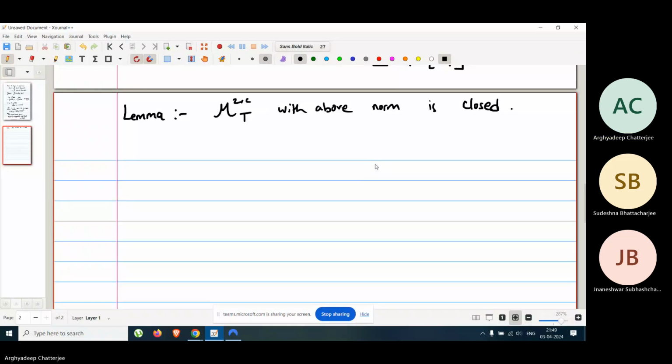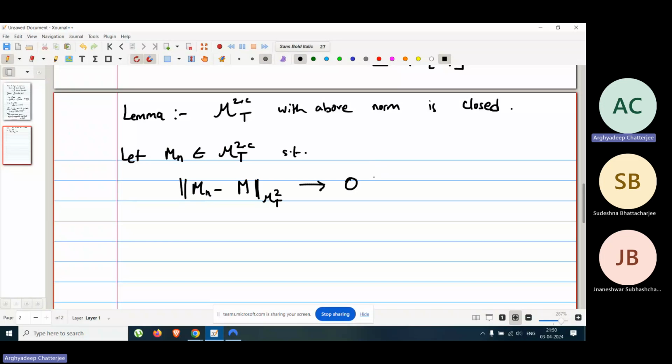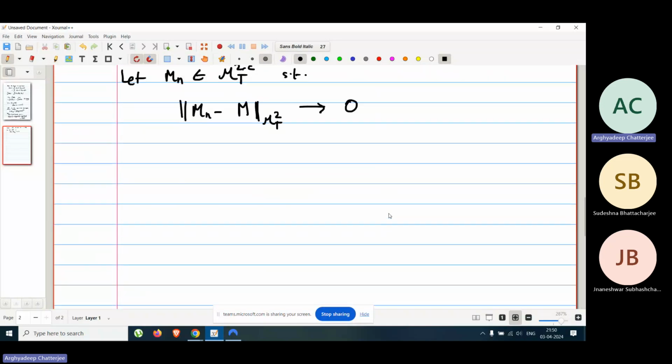So let Mn be a sequence of these martingales in the space M2C such that the M2 norm of Mn minus M tends to 0, where we don't a priori know whether M belongs to this space or not. We have to show that.